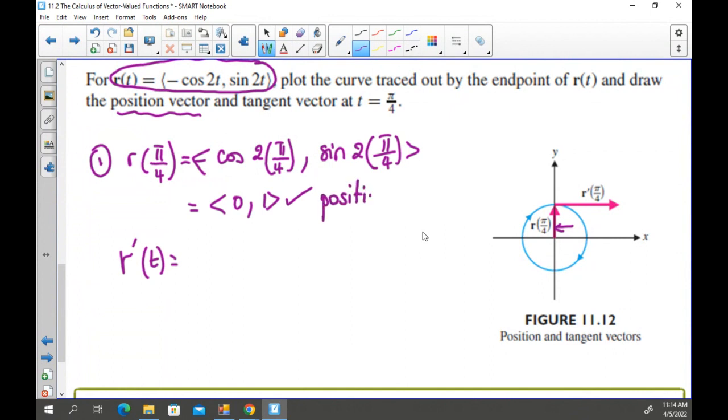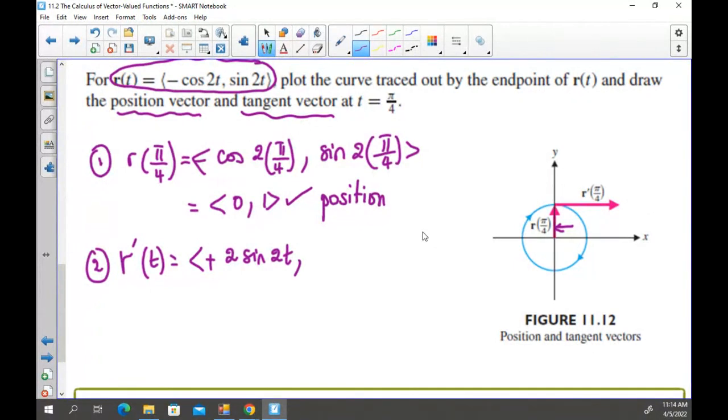That means r. And the tangent vector is, what is the tangent vector? The derivative, r dash. So first we need to find r dash. It's going to be the derivative of r. So minus 2, sorry, plus, because the derivative of cosine is minus, and there's already a minus there.